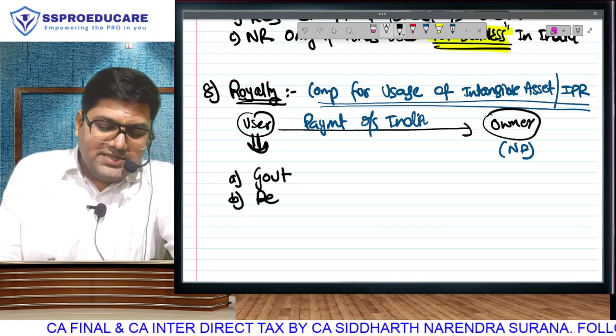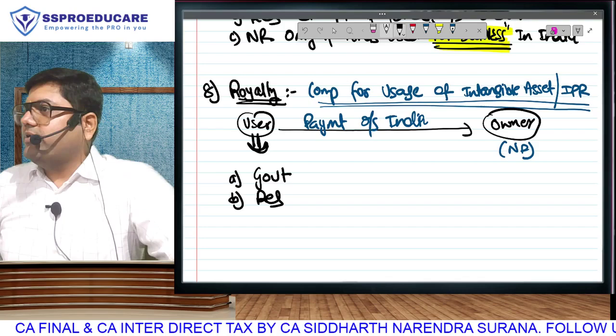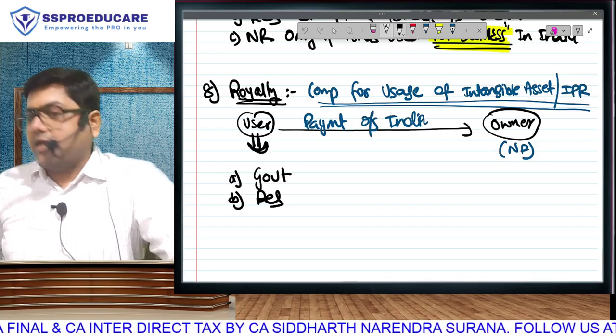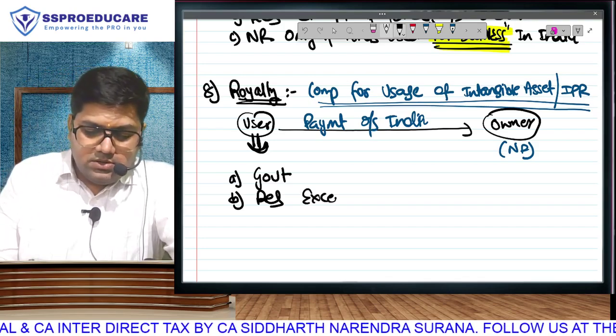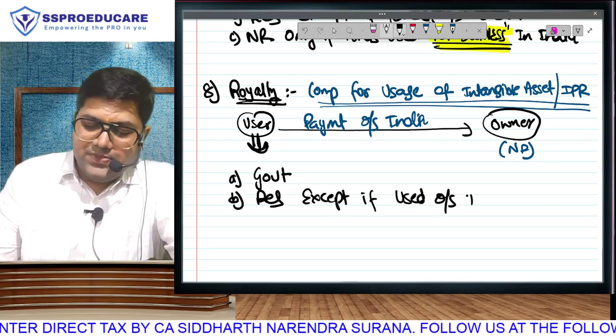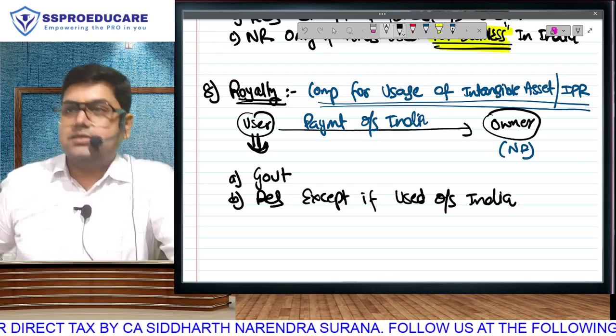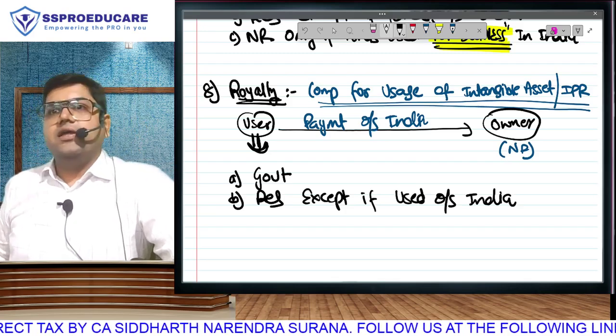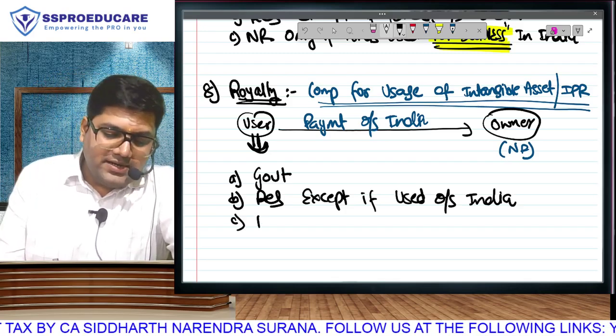Second, if he is a resident, it is assumed he will be using it in India. However, if he has used it outside India, we will remove it. We won't be considering it as Indian income. Only if used in India. And what about NR to NR?